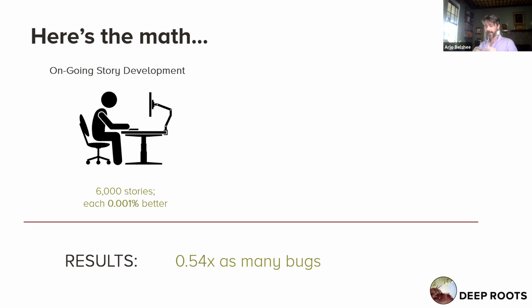And in this story, out of the 1,000 bugs that I would next create, I prevent one of them. If we do that on every story, then at the end of the quarter, we're creating half as many bugs. And you can do that quarter after quarter after quarter. That's the easy way to do it. And this is why we created Deep Roots.